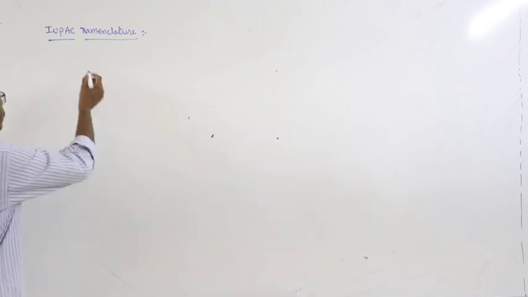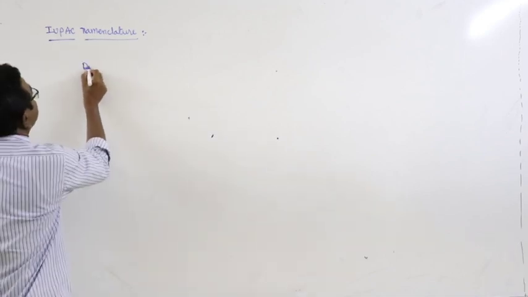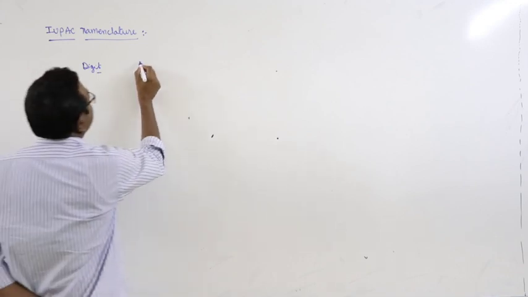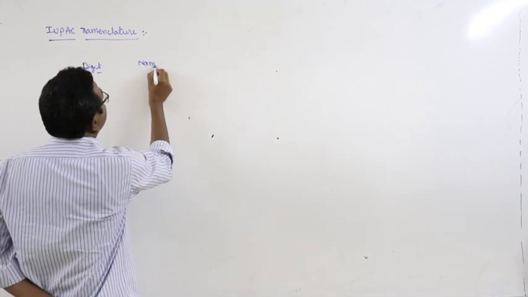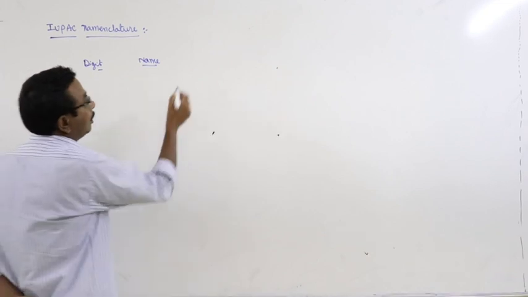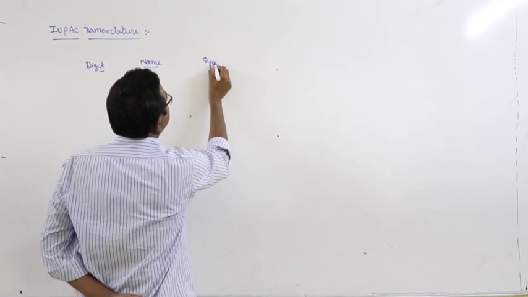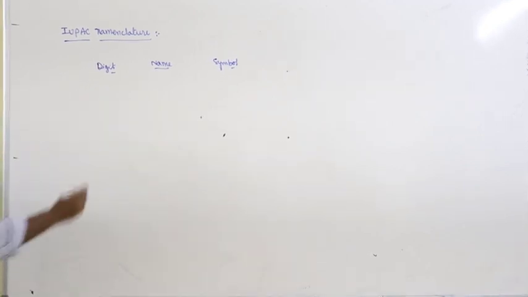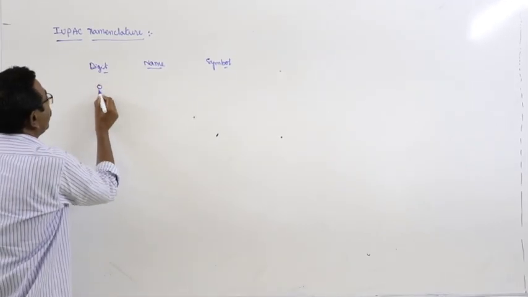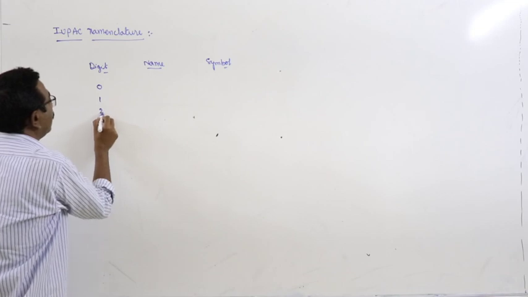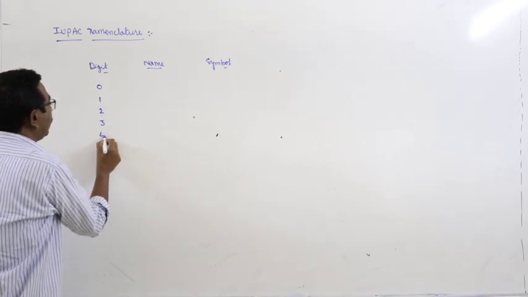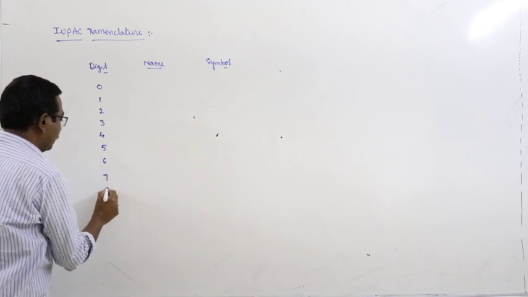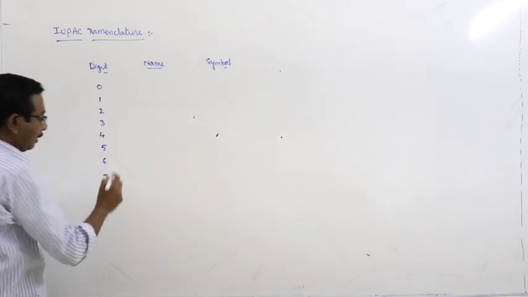Take for example, here this is digit, and this is Latin name, and this is symbol. Digits 0, 1, 2, 3, 4, 5, 6, 7, 8 and 9.